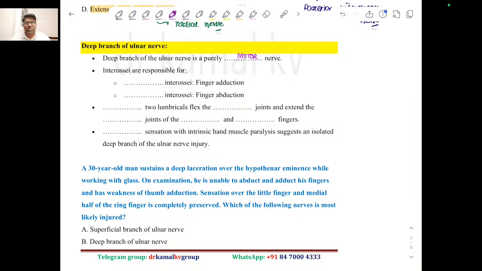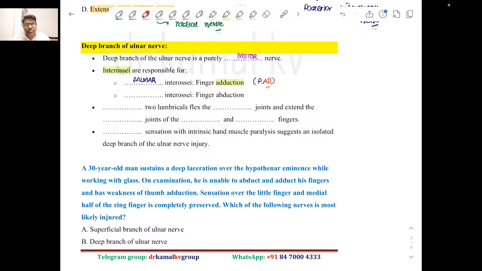There are many muscles which are supplied by the deep branch of the ulnar nerve, and an important group is the interossei. Now we know that there are two types of interossei, palmar and dorsal. So the palmar interossei are responsible for adduction of fingers, bringing the fingers closer towards the middle finger. So you can remember it like PAD.